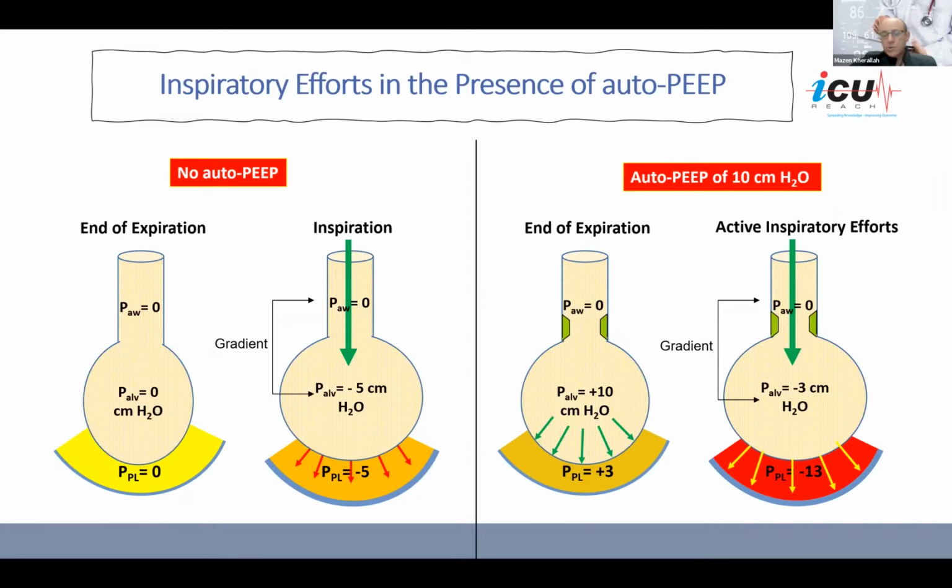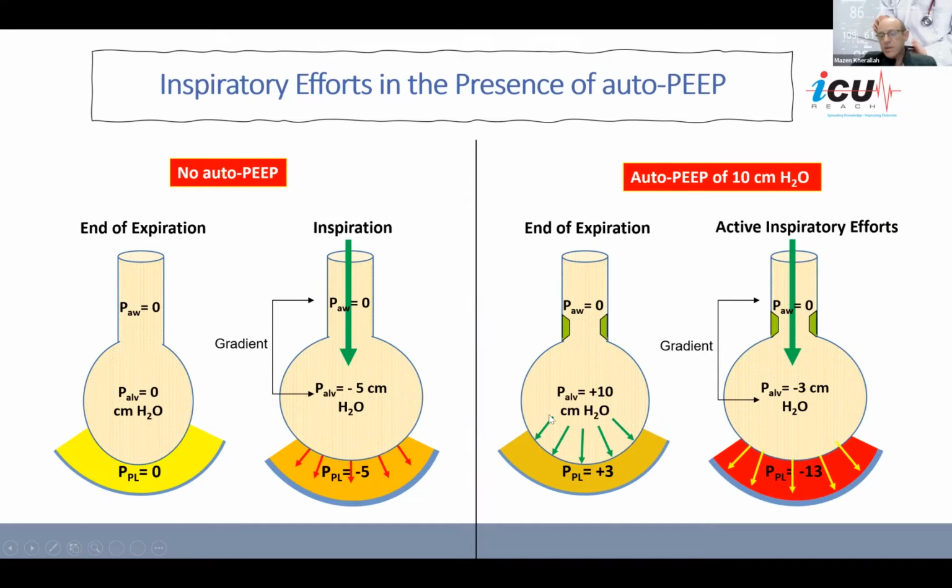Okay, so transpulmonary pressure in expiration is whatever PEEP, here we have a PEEP of 0, minus the intrathoracic pressure. Well, when you have auto-PEEP, you're not seeing this. You're measuring airway pressure here of 0. This is expiration.